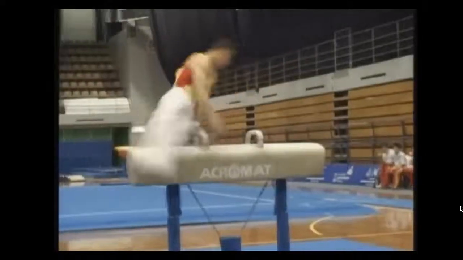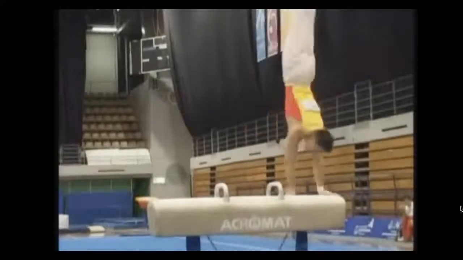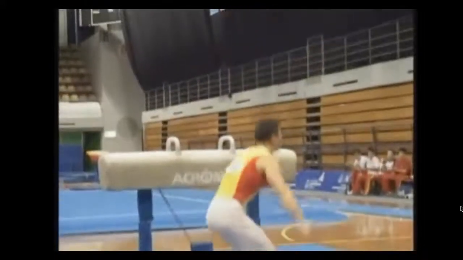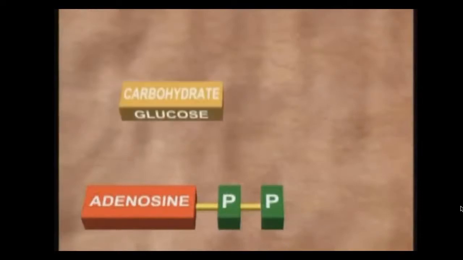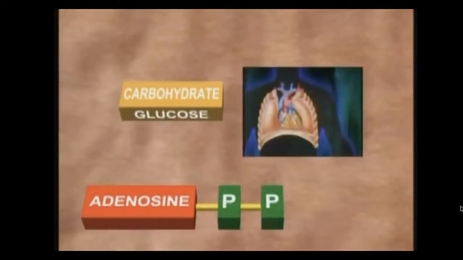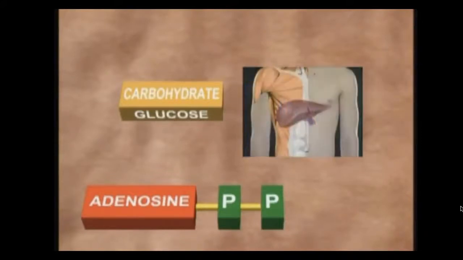The lactic acid system can provide energy for longer than the ATP-CP system because it uses a more abundant fuel. That fuel is carbohydrate in the form of glucose. Glucose circulates in our bloodstream and is also stored in muscle and liver cells as glycogen.